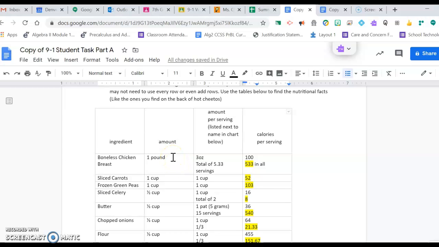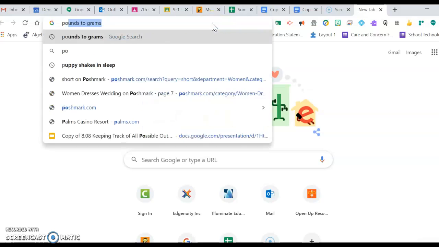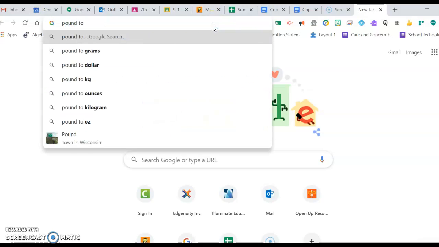So in order to figure out how many grams of food, I'm going to look at the amount, because this is going to be the easiest for me to convert. So I'm going to go right here. So I have 1 pound of chicken. Underneath here, I'm going to put the grams of food. And all I'm going to do is open another tab of my browser and write pounds to grams.